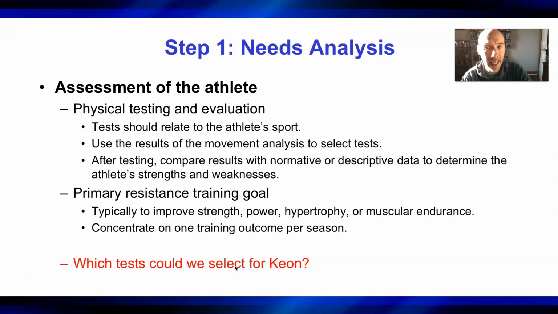So for really any athlete, you're going to want to do the functional movement screen, which if we didn't talk about it last week, we will talk about it either this week or in the future, okay? Now, for volleyball, that would be the case as well. So you're going to assess flexibility and mobility using the functional movement screen, okay?